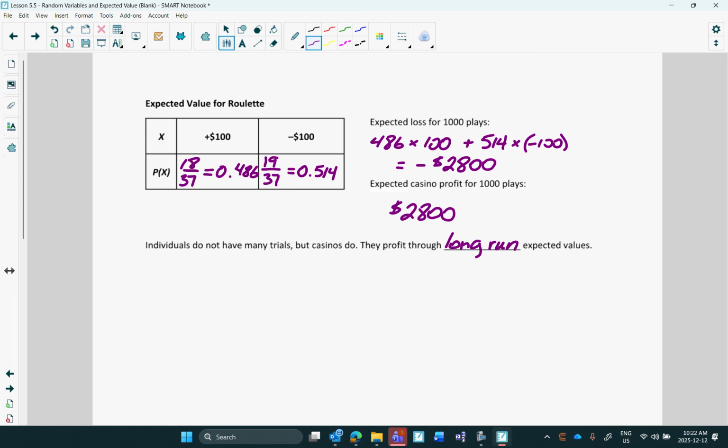They're expecting you to play several times so that it starts to average out that you're losing, and whatever you're losing goes to the casino. And of course, that's not the only reason. They also base their games on having a better chance of winning than you do, although it doesn't appear so. But in the long run, that's what's going to happen.